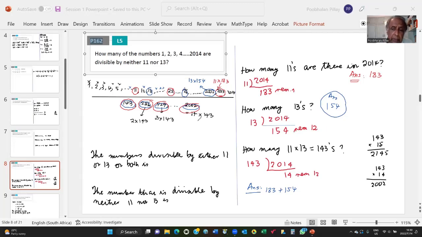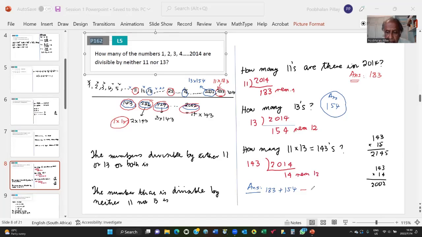So this last number here is 14 times 143. Remainder is 12. So when I take away 12 from that, I get 2002. That's the one we're looking at. That's 14 times this. So the number of things which are counted twice is, this is 143 times 1, one times that, 2 times that, 3 times that, 14 times that. So there are 14 numbers which are repeated.